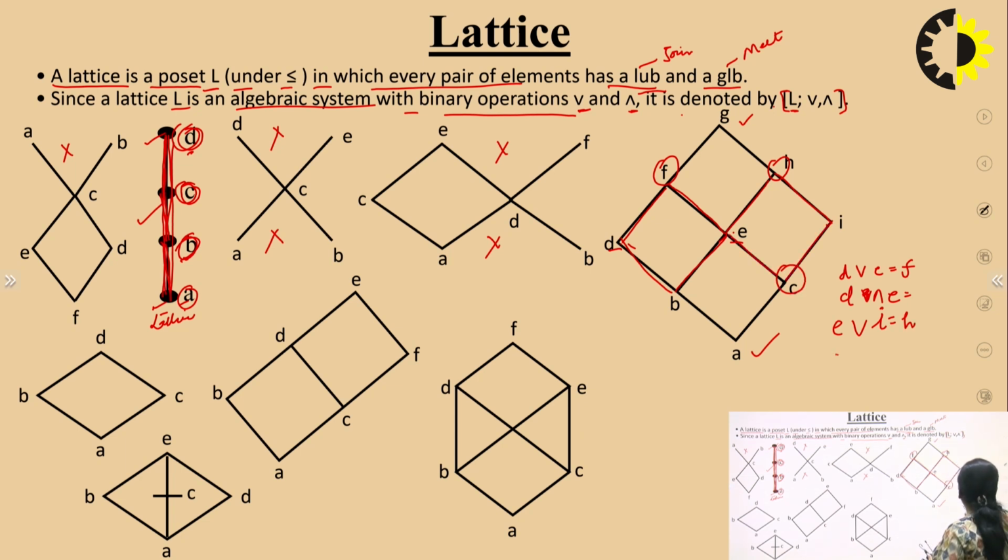That is C. For B and C, we have join as E.